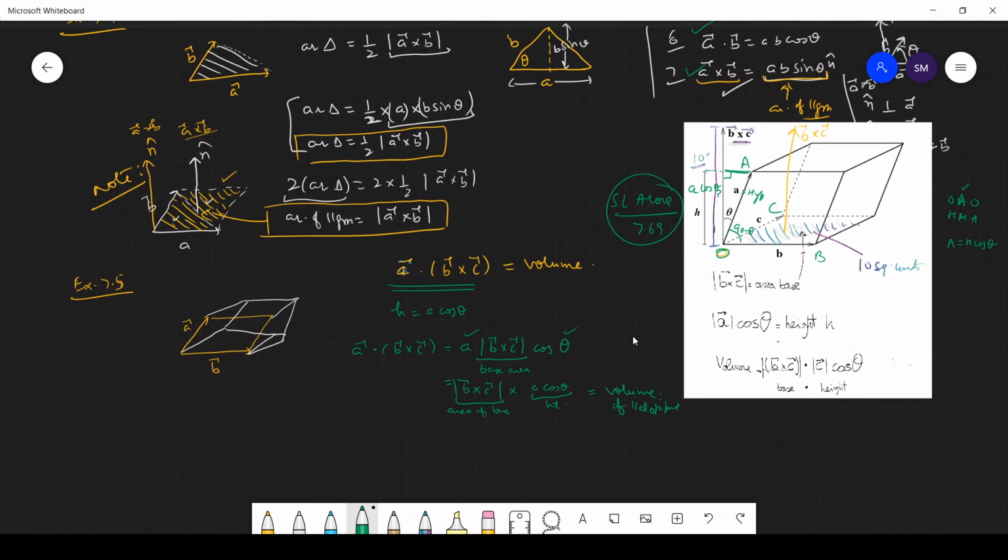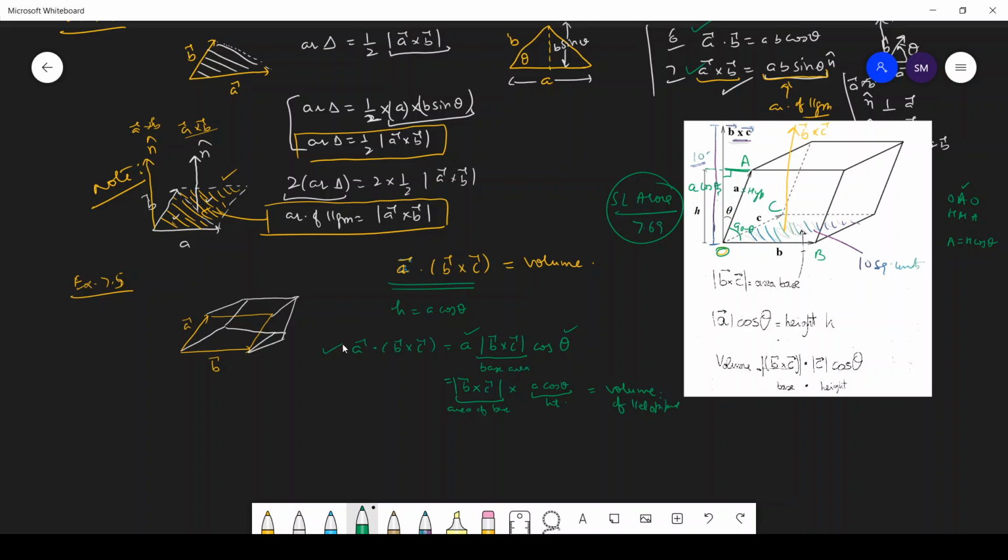This is okay, students. Similarly, it's just two steps, telling again A dot B cross C. So A dot B is AB cos theta. So magnitude of A into magnitude of B cross C into cosine of the angle between them, which is theta. Now B cross C, no need to calculate because the magnitude of B cross C is the area of this base and the height is A cos theta.